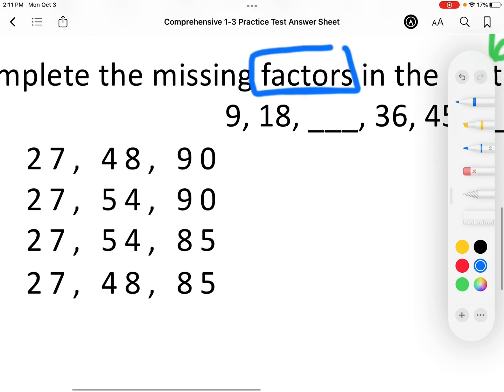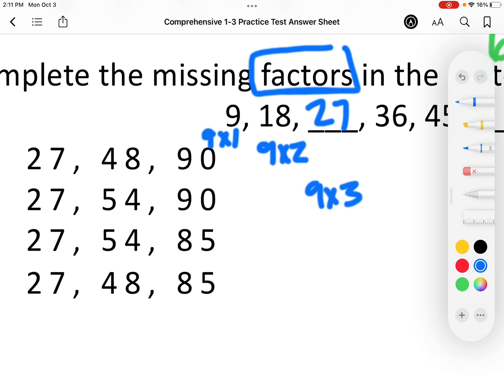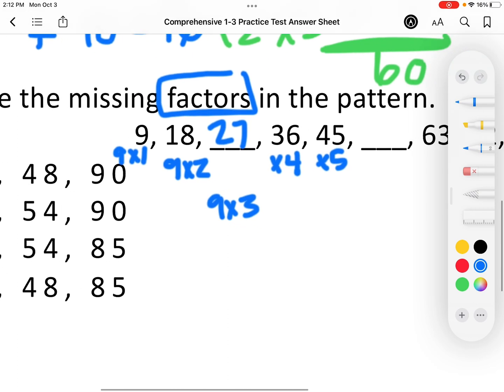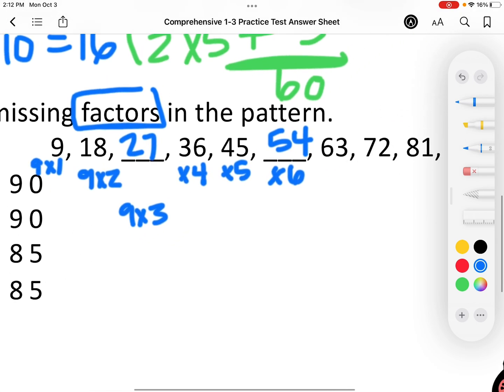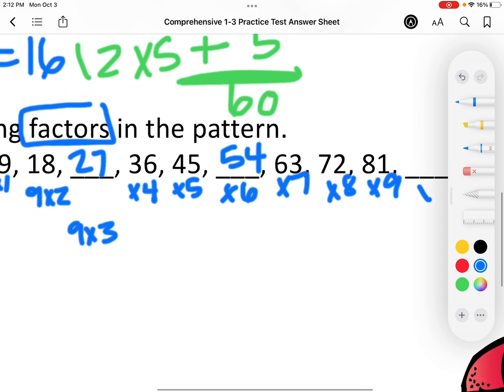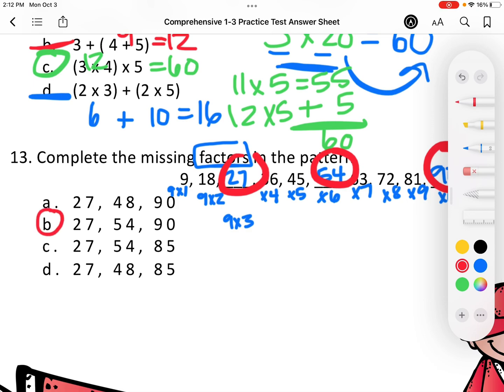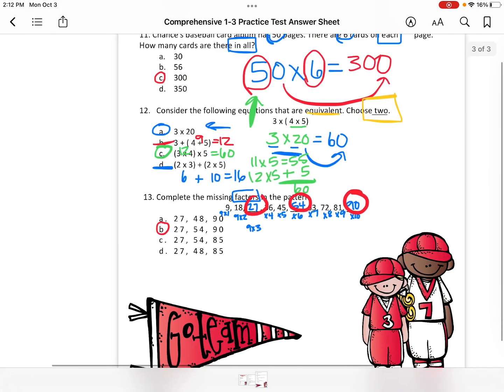And so we look at this, and we see that 9 times 1 is 9, 9 times 2 is 18, 9 times 3 is 27, 36 is times 4, 45 is times 5, and then we have to think of 9 times 6 is 54, 63 is times 7, times 8, times 9, and then last is times 10 to equal 90. So then at that point, we just need to match 90, 54, and 27, and that would be option B. And that's it.